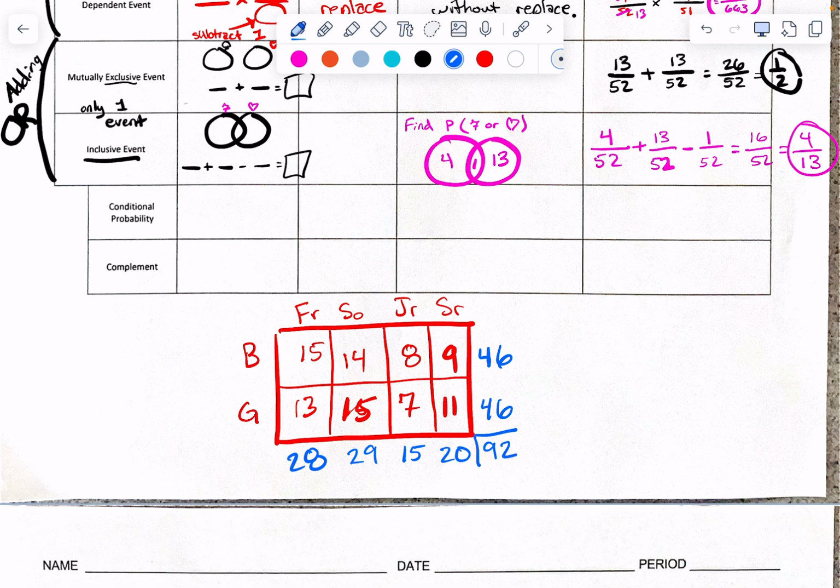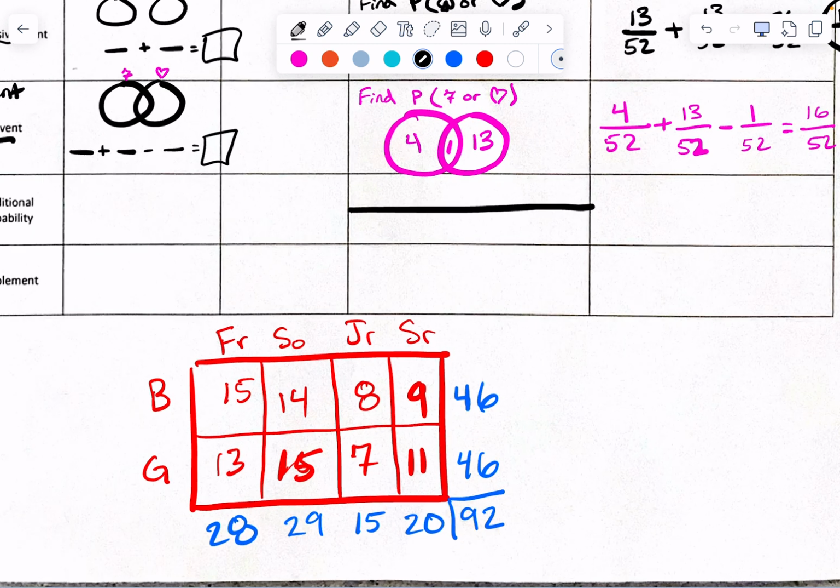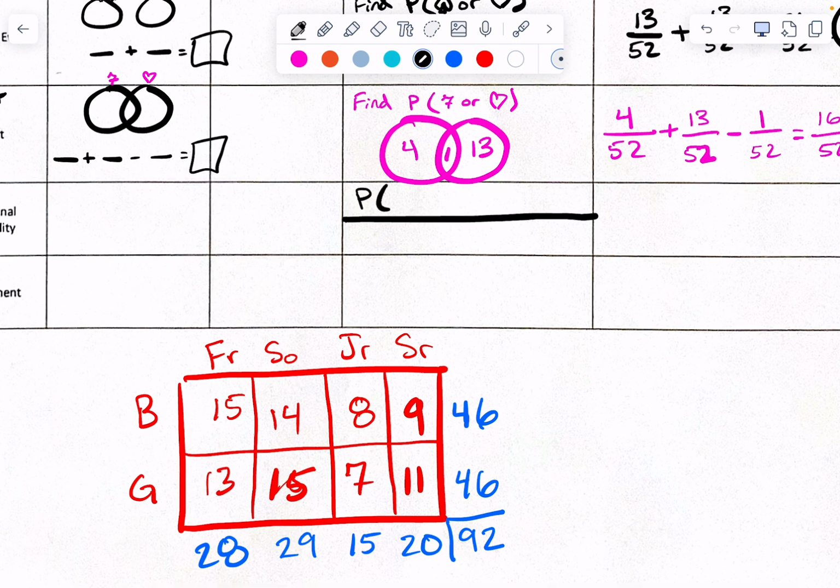All right, let's do an example over here, and then we'll write the formulas down. So conditional probability, I'll do 2 of them. Probability of a boy given a sophomore. Probability of a junior given a girl. What does the dash mean?